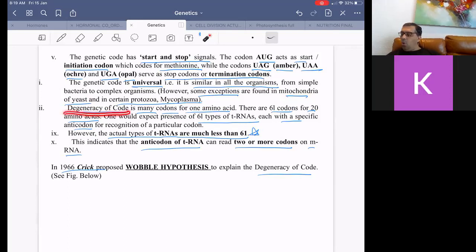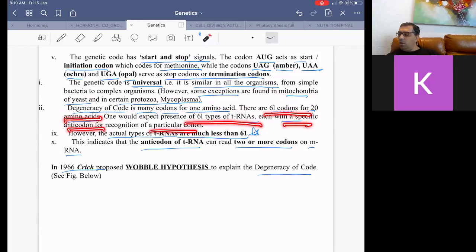Degeneracy of the code is that many codons code for one amino acid. There are 61 codons which code for 20 amino acids. One would expect 61 types of tRNAs with a specific anticodon for specific codon.